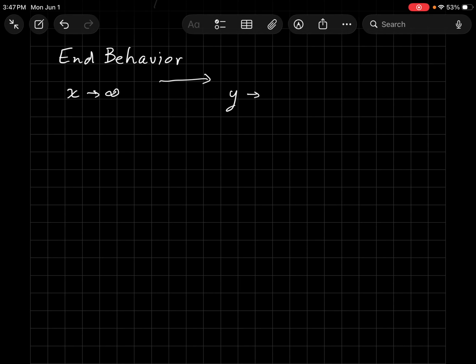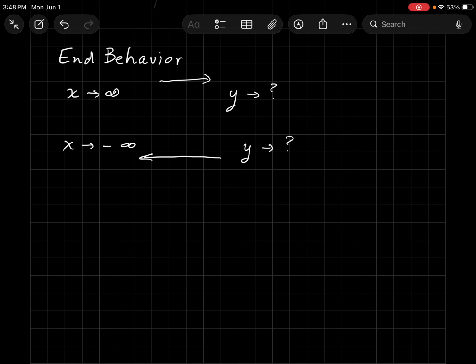What does y go to? Or as x goes to negative infinity, that is, if we're going this direction on the graph, that is way out to the left, what is y doing? Something along those lines.